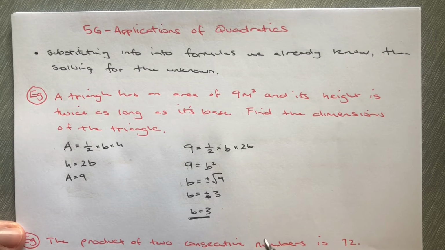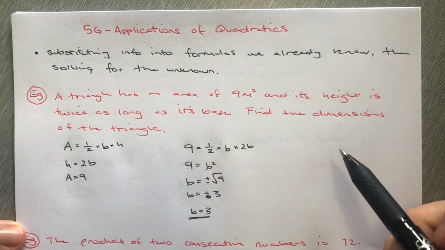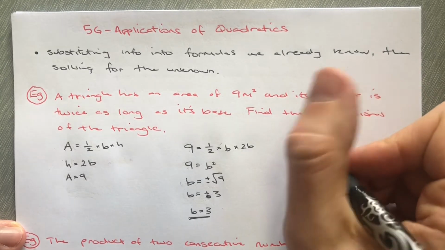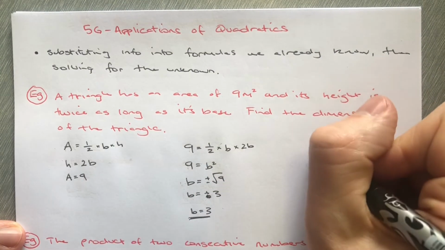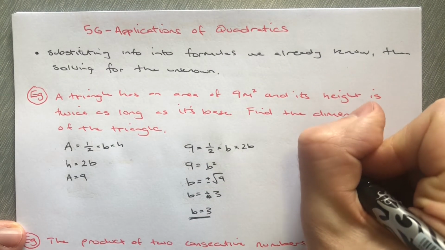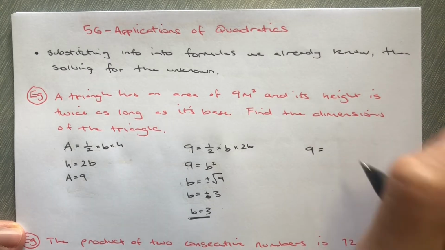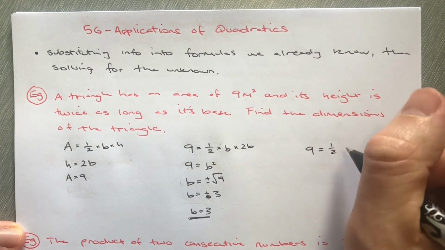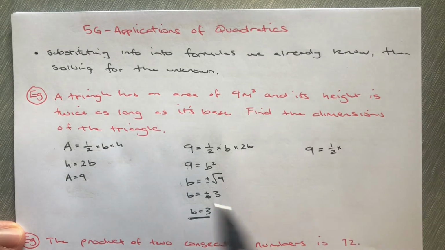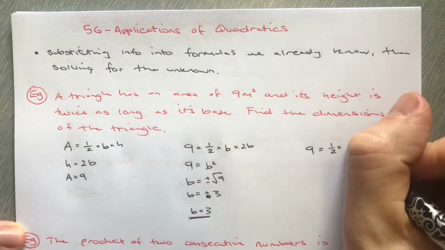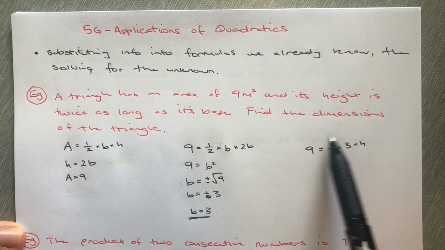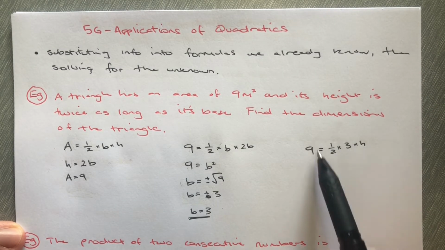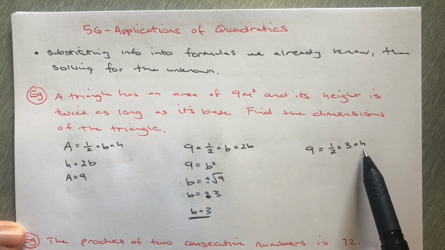Now, remember from before, we had this rule here. So the area was 9 meters squared. We've worked out that the base is 3. And the height, that's what we're trying to find out. Do you see how in this little rule here, the only letter we have is H?